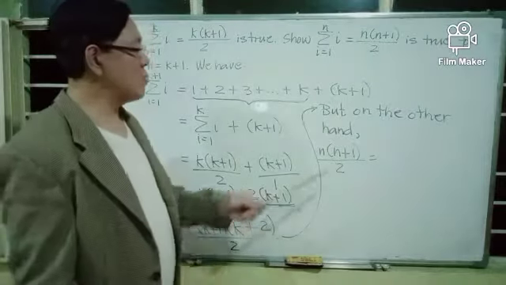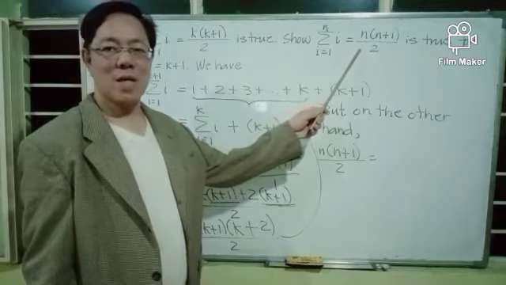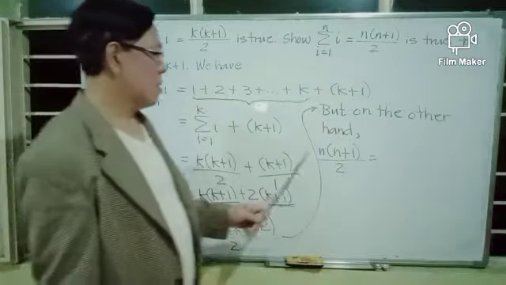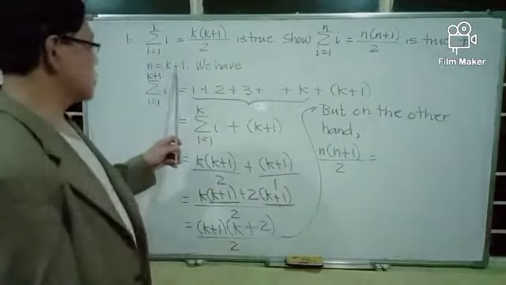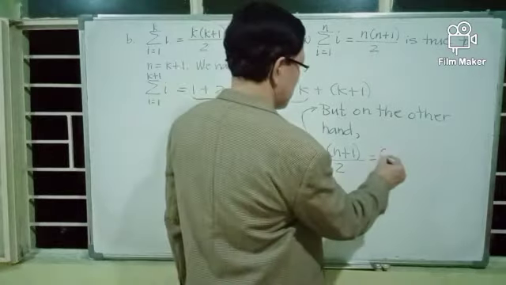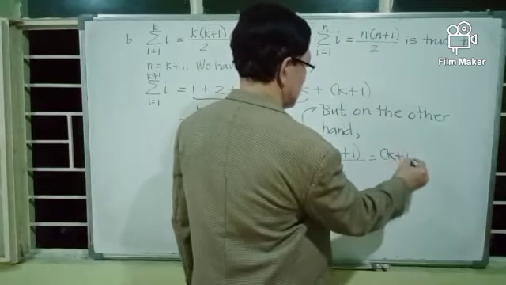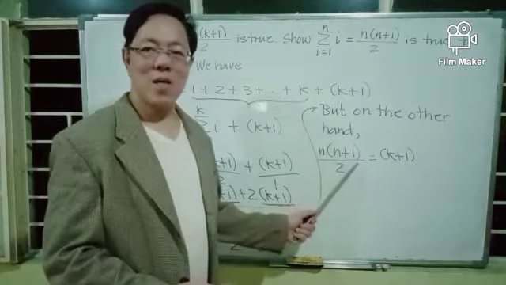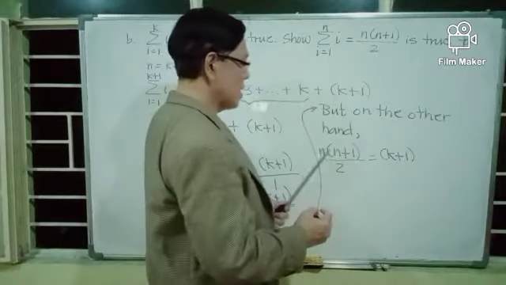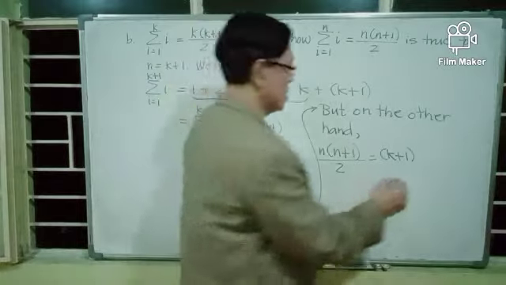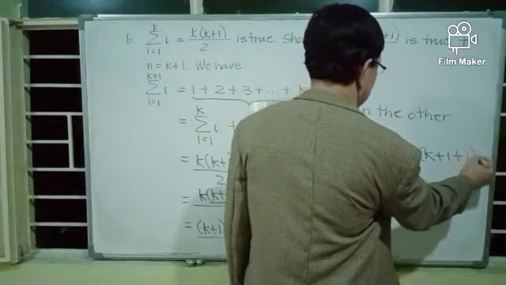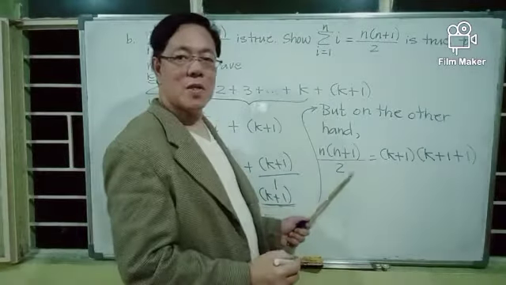On the other hand, we compute n times quantity n plus 1 divided by 2 for n equals k plus 1. n is k plus 1. We have k plus 1, multiplied by quantity n plus 1 where n is k plus 1, so k plus 1 plus 1, all over 2.